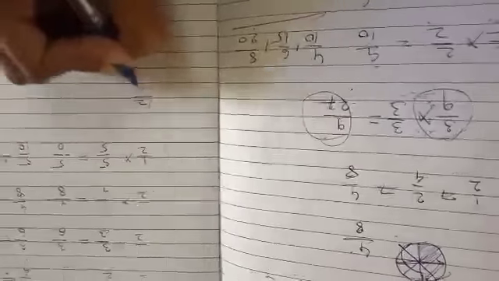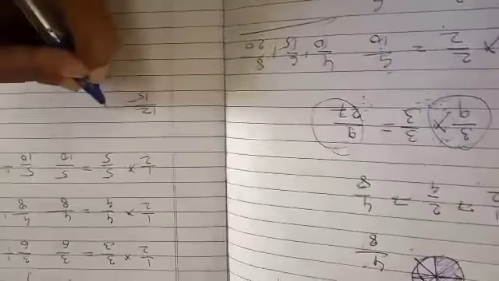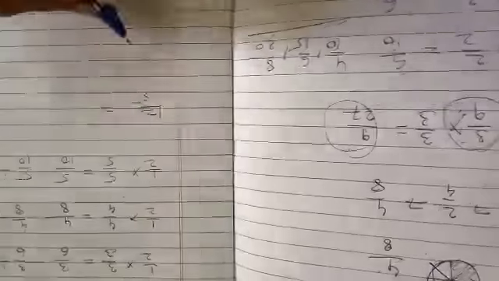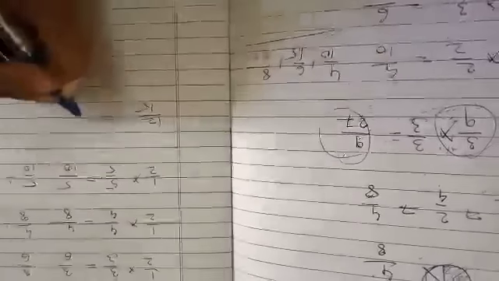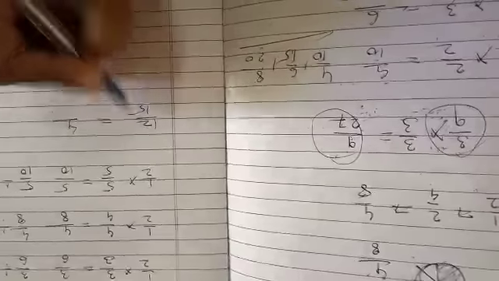Suppose you are given the fraction 12 by 50, and the condition is to obtain an equivalent fraction with numerator 4. Now you have to find an equivalent fraction whose numerator is 4.